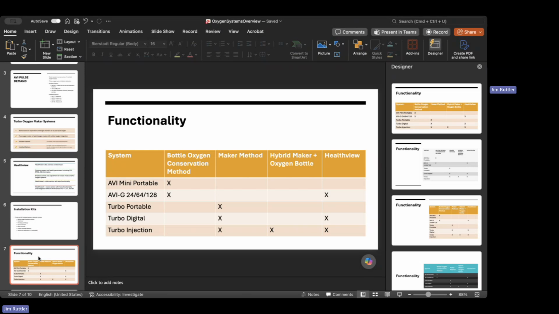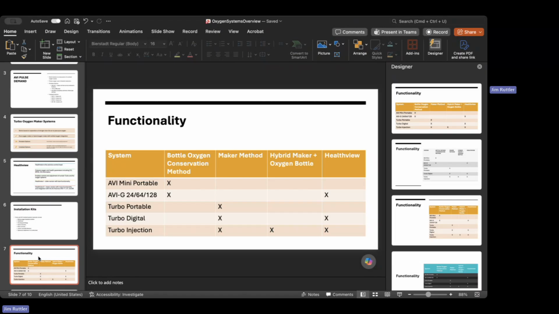In another webinar, I did discuss how we can bump that up for you to 1.4 liters a minute, and you should watch the turbo operation webinar if you're interested in bumping that flow up. But nonetheless, it works as an output only to the HealthView. Turbo injection is the maker and the hybrid maker oxygen bottle system. It also works with the HealthView and has bidirectional control.